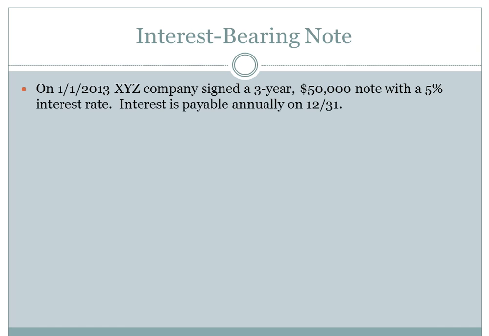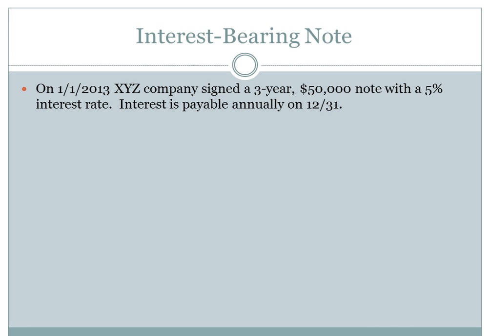We have XYZ Company on January 1st of 2013 signed a 3-year $50,000 note with a 5% interest rate. Interest is payable annually at each December 31st. So what's going to happen here in terms of cash flows is the company is going to receive some cash flows now, January 1st, 2013, and then on December 31st of 2013, 2014, and 2015, they will be making interest payments.